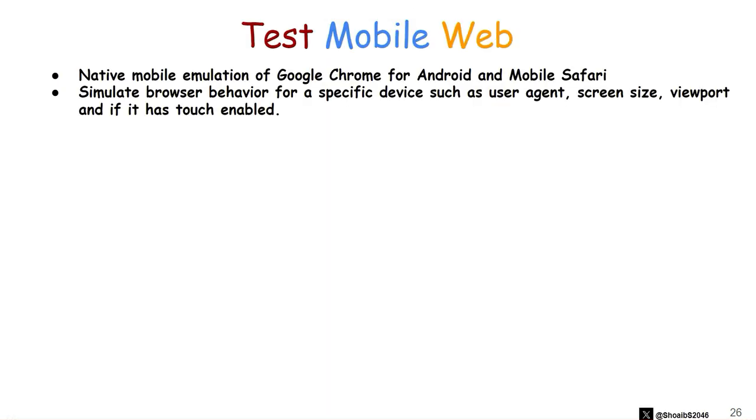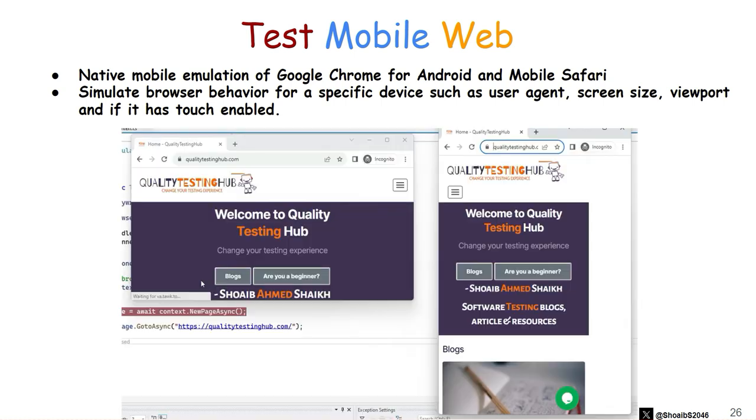Let's talk about testing mobile web. How can you emulate the Chrome browser like it is running on your phone? So we can simulate the browser behavior of a specific device. A device is nothing but your Android device.